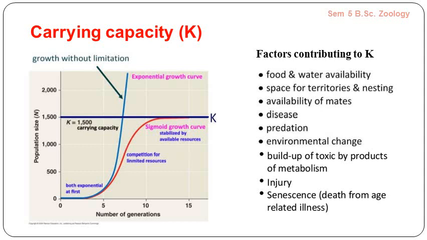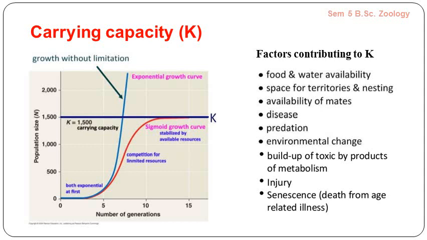So here there is a graph which shows two curves, where the blue curve shows a very fast increase in the population size, and it increases without any limit, isn't it? The size keeps on increasing with respect to time. The number of generations represents time, and population size is given on the y-axis.